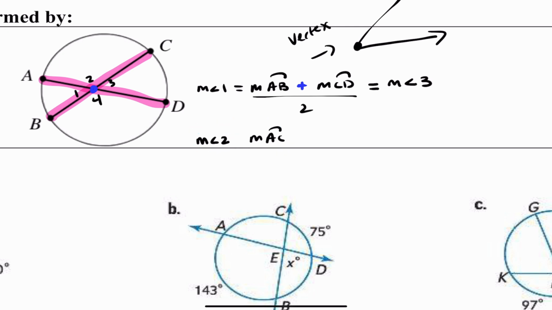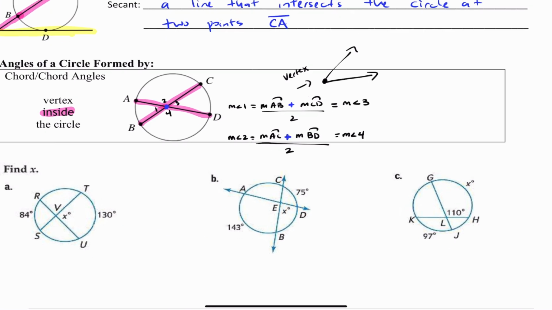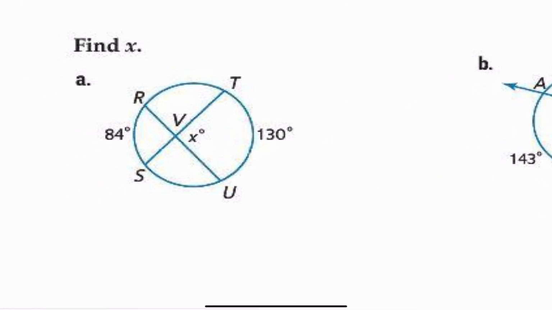Measure of angle 2 is equal to the measure of arc AC plus the measure of arc BD all over 2. So if the vertex is inside the circle, we add the 2 arcs and then divide by 2. So here's the measure of angle 2. That means that's equal to the measure of angle 4 by, again, vertical angles.